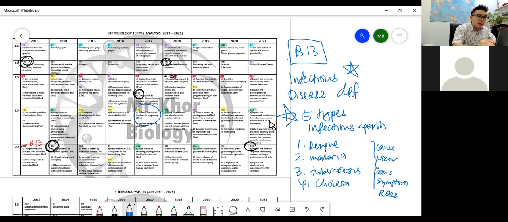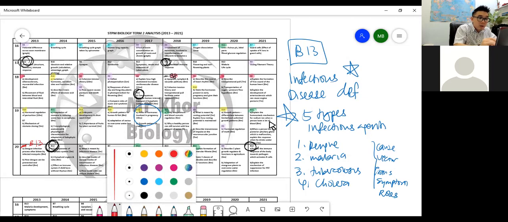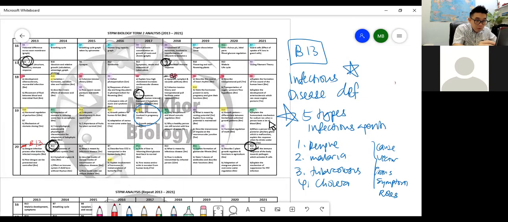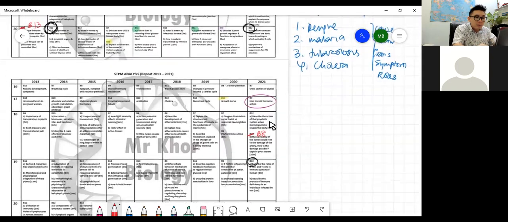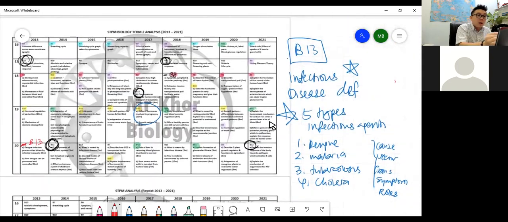Okay, more importantly, let's look at the frequency, guys. I'll use red color now. So last year they didn't ask, but if I were to, okay, never mind. I check the actual one first. Malaria, I tick 1 tick. Then 2019 don't have. 2018.